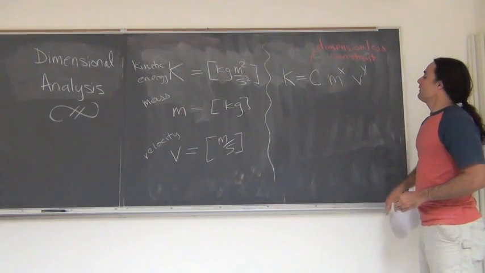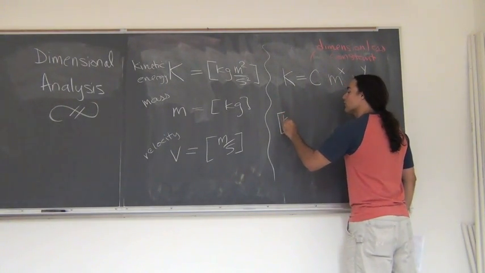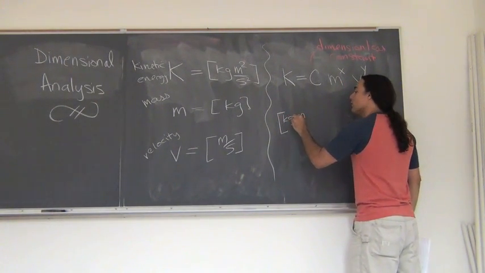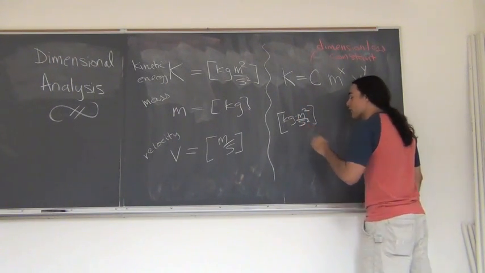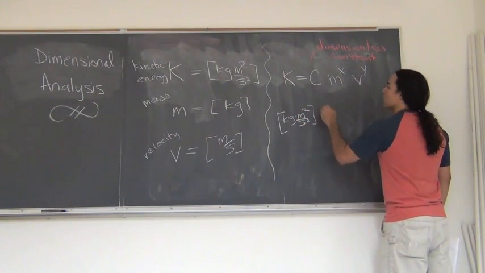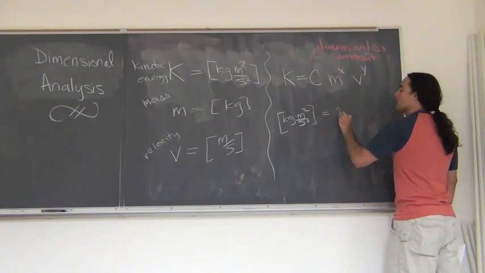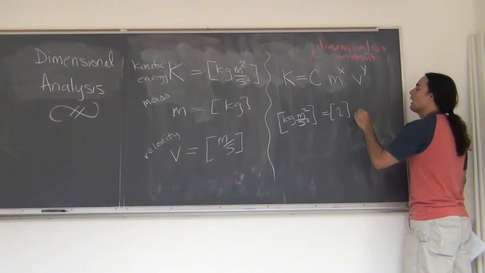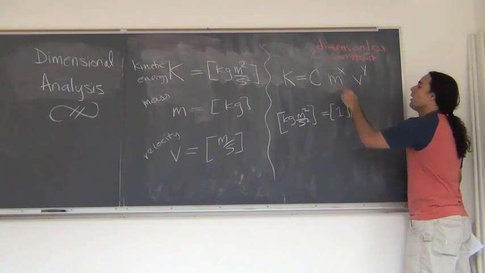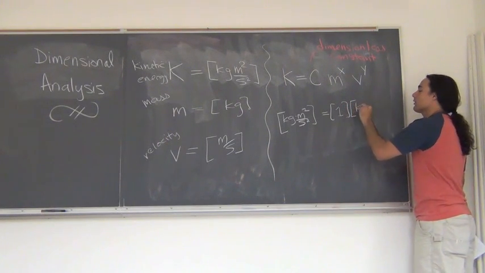So let's see what we can figure out here. I know my kinetic energy has units of kilograms meters squared per second squared. Well, the constant doesn't have any units, so I don't have to worry about that. You could write it as its units are 1. The mass does have units, that has units of kilograms.